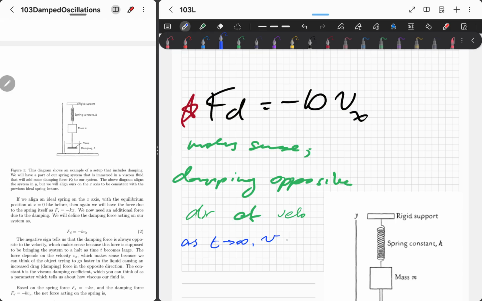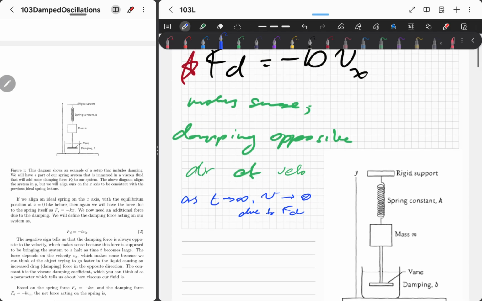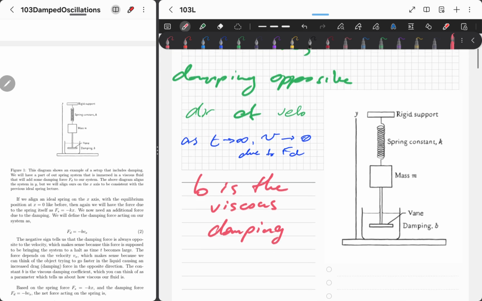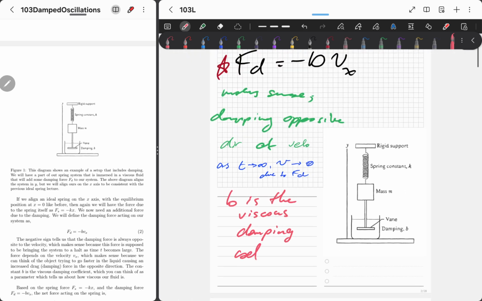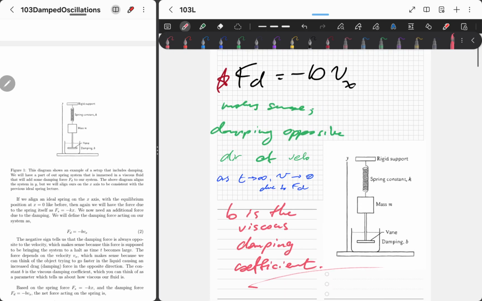It depended on position. Our damping force depends on our velocity. So if we have a bigger velocity, there will be a bigger damping force. We'll be more aggressively slowed down. Now, the negative sign, this is always opposite to velocity. That's going to ensure it brings us back to the origin, this slowing of speed. As t becomes large, we're eventually going to come to a halt, essentially, because of our damping force.